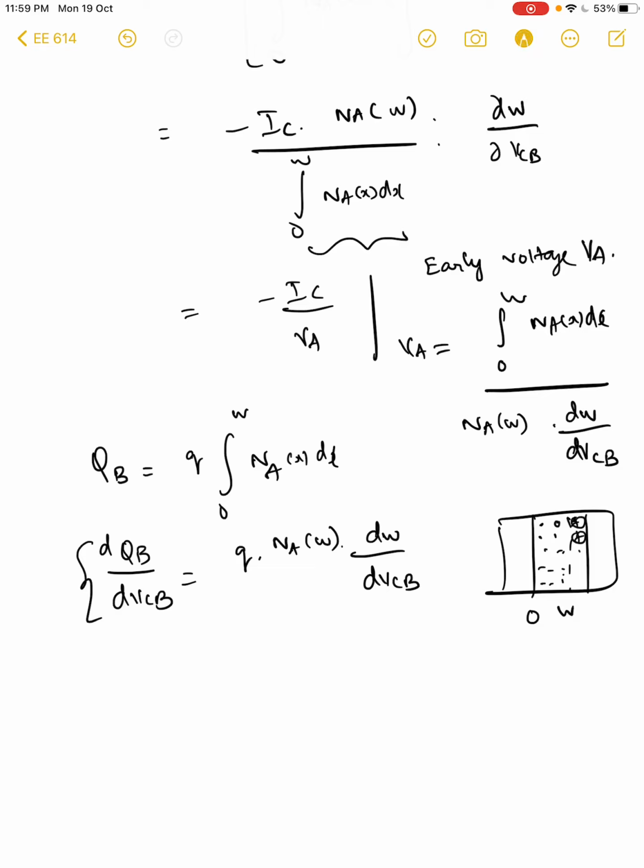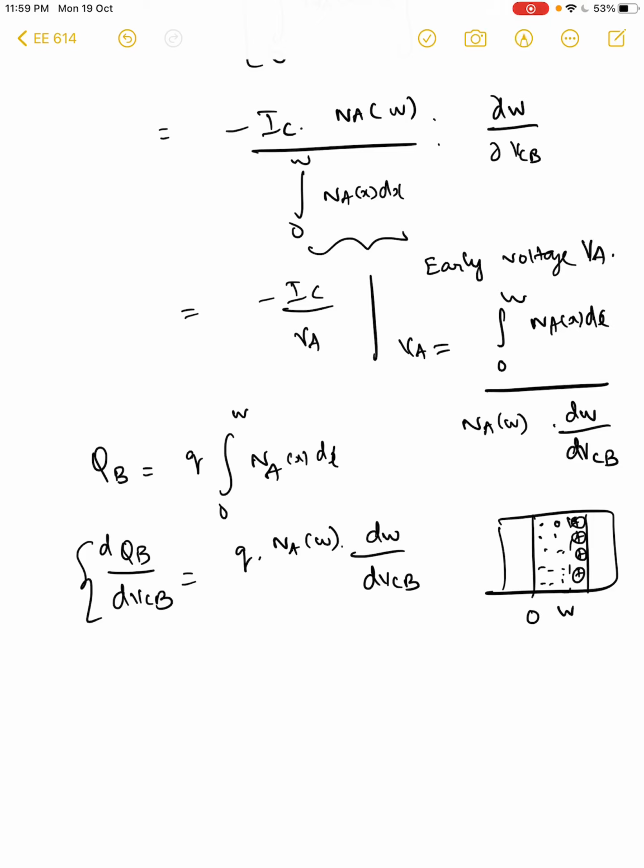right? But then you can see that any change in charge in the depletion width will change this W, which will in turn change the QB, right? So they are all equally related.